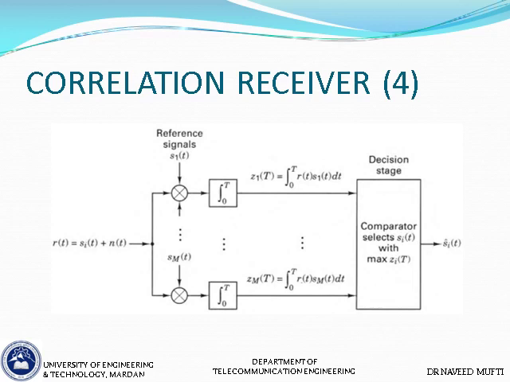That's the output for the first correlator, similarly second, third, fourth, up to the output for the Mth correlator. And once we have all the outputs, we have a decision stage where the comparator selects the s_i(t) with the maximum value of z_i(t), and decides in its favor that that was the waveform which was transmitted.